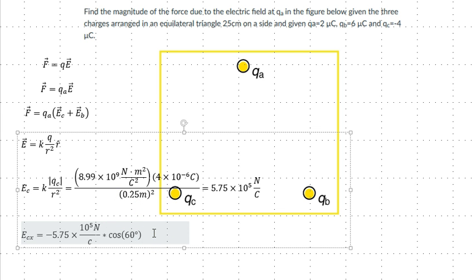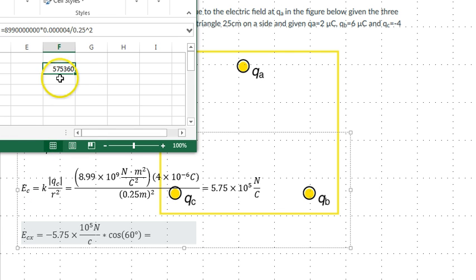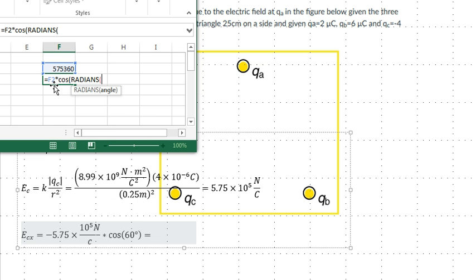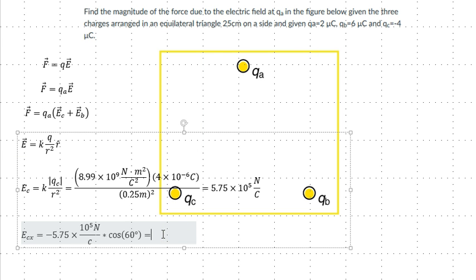Now that my computer is ready to do things again, let's get this. I need that times the cosine, and Excel uses radians, so I have to convert things to radians. So 2.88 times 10 to the fifth newtons per coulomb, and that has a minus sign in it. So that is the x component due to C.